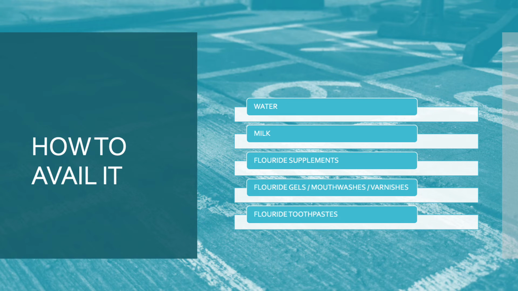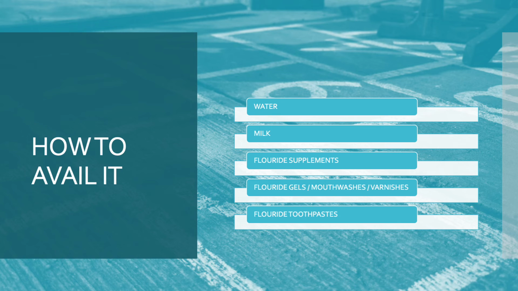The second is you can even have fluoridated milk. But in children who do not have that much fluoride in the water that they take, or who cannot have systemic fluoride as per the requirement of the body, they can also be prescribed fluoride supplements. So these three will work systemically.